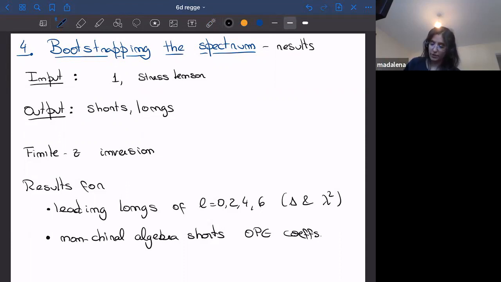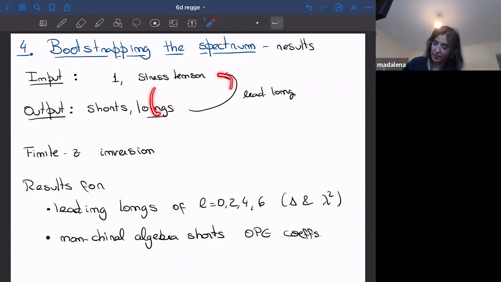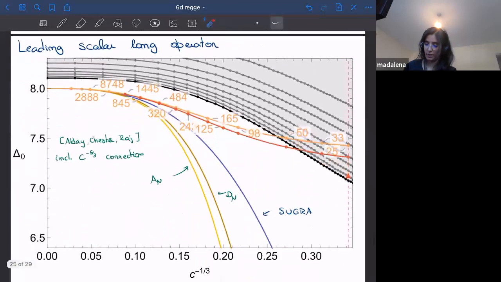And then as output comes everything, all the shorts and the longs. Then we take the leading long trajectory and we feed it back in and we invert again, and we repeat this iterative procedure a few times. And we can get results for the leading longs and also for these non-chiral algebra shorts. So I'll just show you one plot as an example.